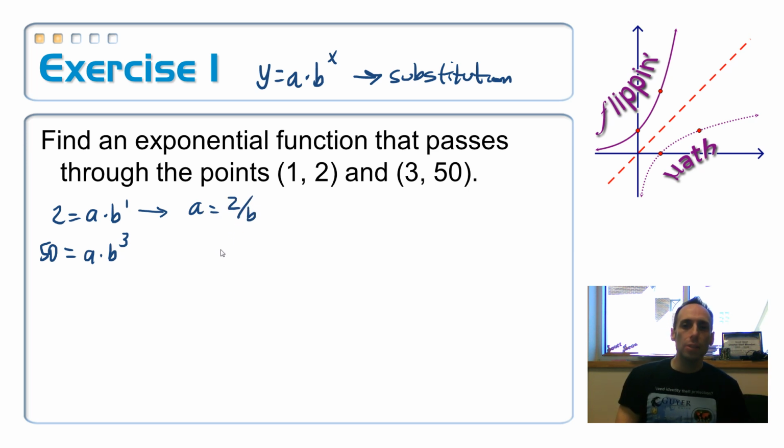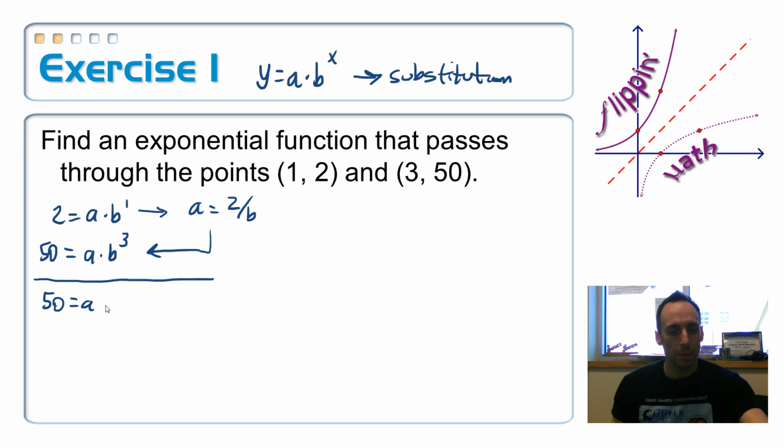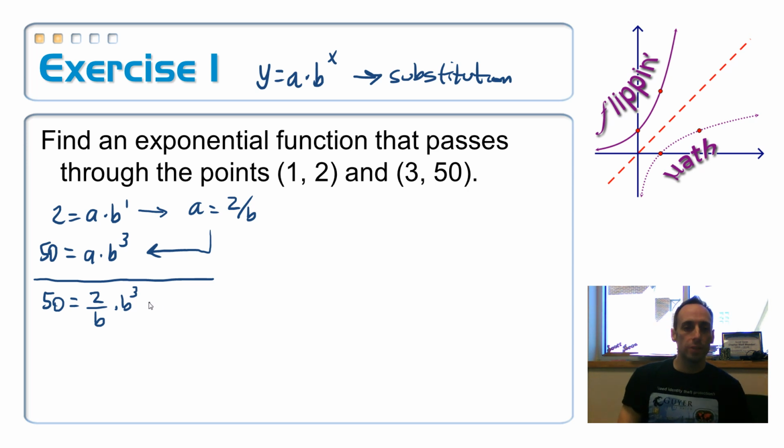Now I'm going to take that expression and substitute it in for a in the second equation, and this is what I get. I get 50 is equal to 2 divided by b, that's in the place of a, all of this times b to the 3rd.